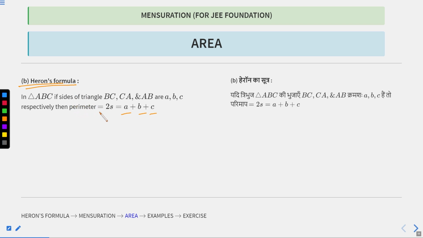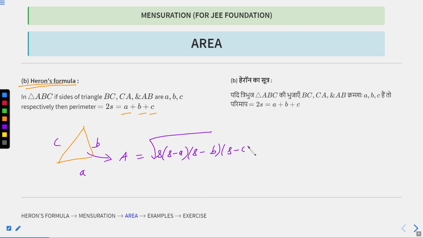Just apply Heron's formula. For example, if I have a triangle with sides a, b, c, then Heron's formula says that the area for this triangle, or the part covered by this triangle, is root of s minus a, s minus b, s minus c. The root is over the whole term.